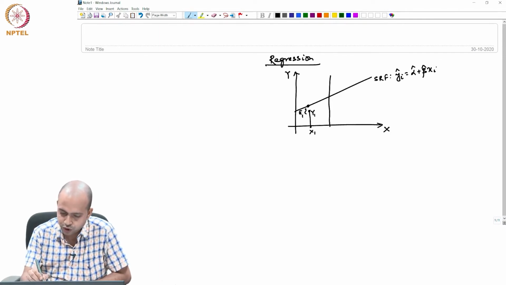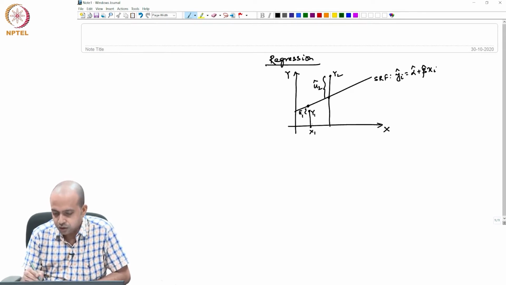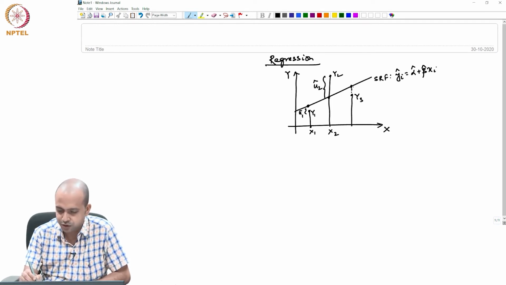Similarly, for x2, let us say your observed y is here, but your predicted value is here on the line. So, that means this gives you u2 hat, y2 minus y2 hat. Then for x3, again this is your observed y3, but your predicted value is here. So, that means this gives you u3 hat.